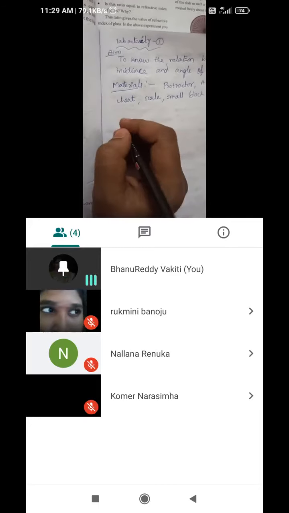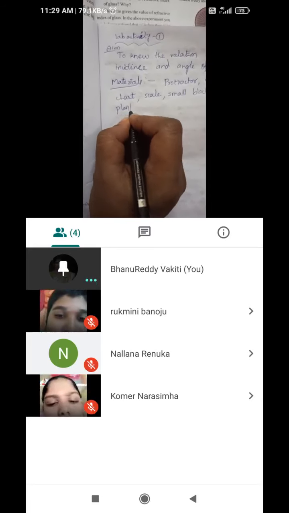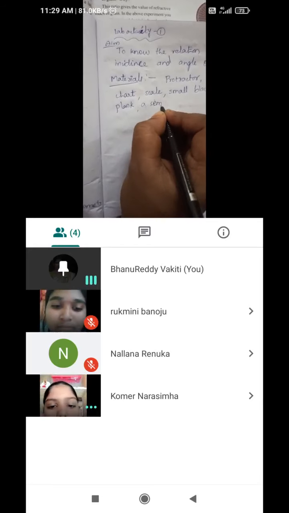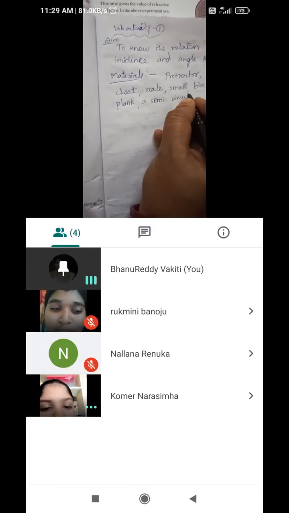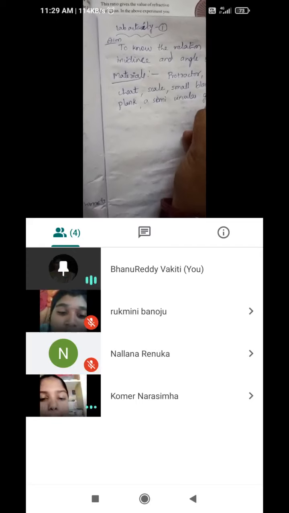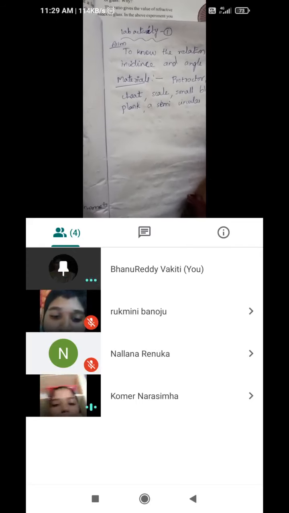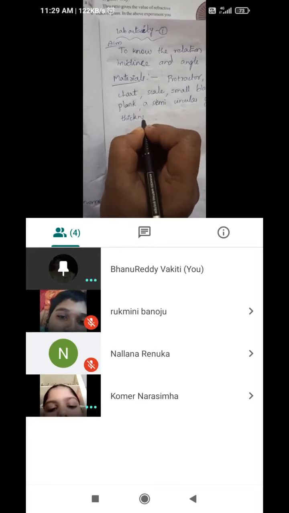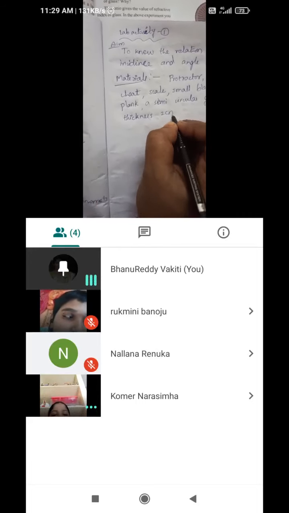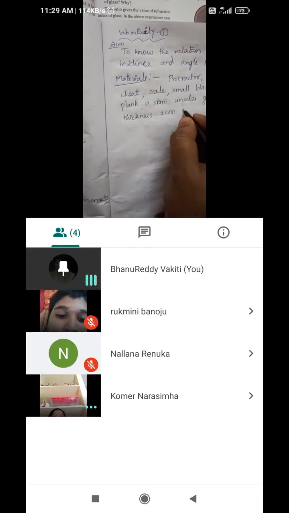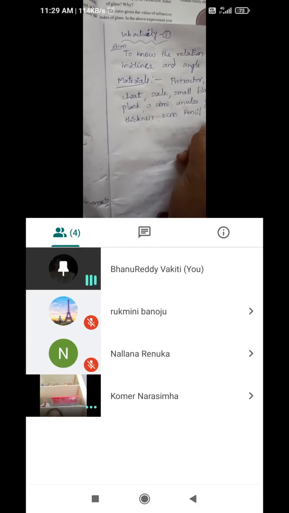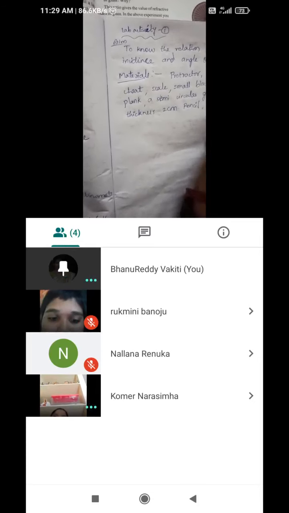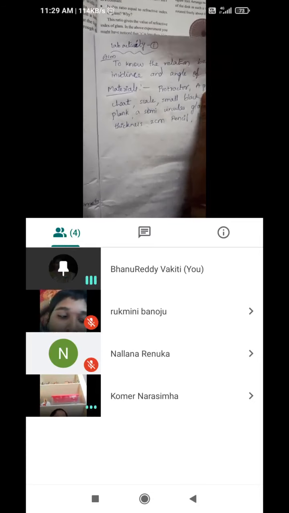And a semicircular glass disc of thickness 2 centimeters, not mm. And a pencil and a laser light. For the source of light, we are selecting laser light. So these are the materials needed for this.